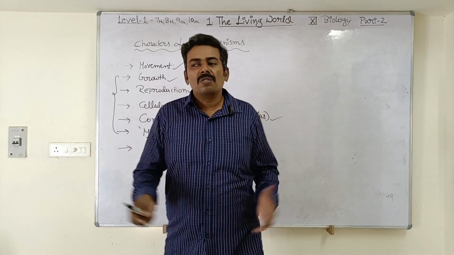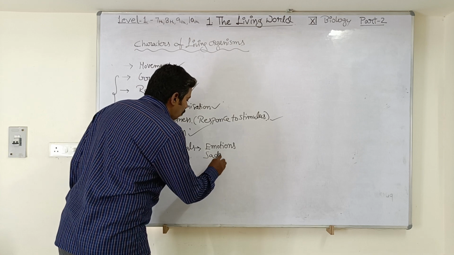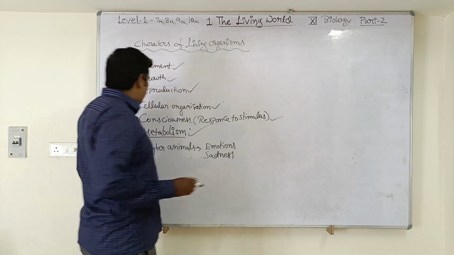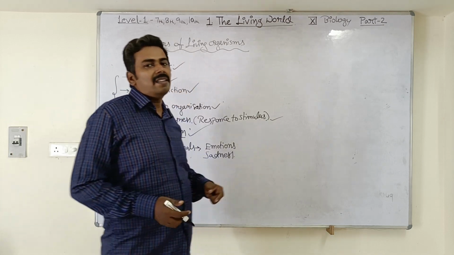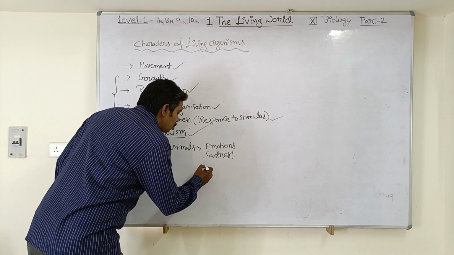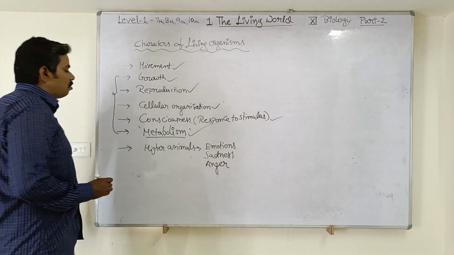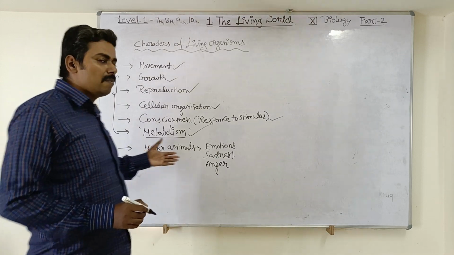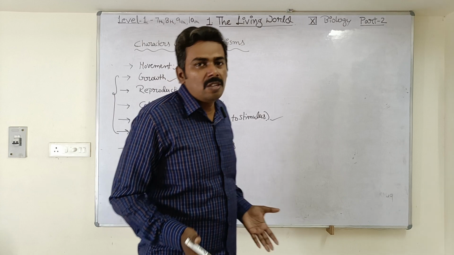Happiness, right? Similarly, sadness or sorrow. Higher animals also show the emotion called sadness. We don't find it in non-living things. Living things also show anger. Some living organisms, higher animals, can show emotion like anger. Human beings show anger, even chimpanzees show anger.